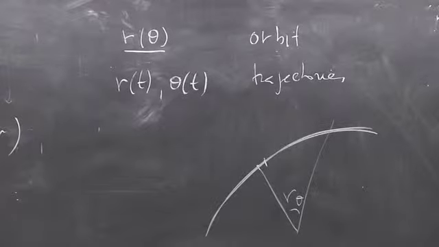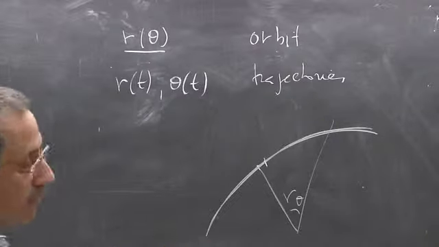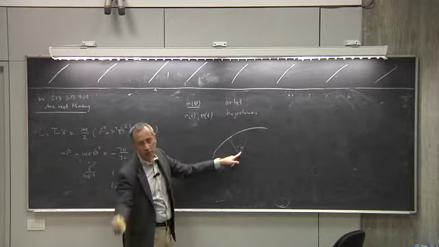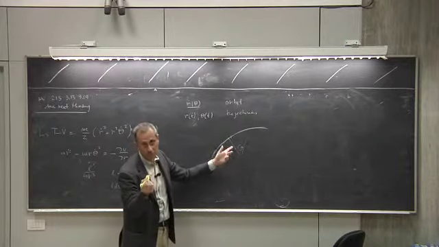I say you can describe this motion as a geometrical object, this is the orbit, or you can tell me at each instant in time the coordinates. Now, in the business of the motion of planets, usually, as you know, people talk about orbits. So orbit means that I give you the position r as a function of the angle. So I draw a curve, right?